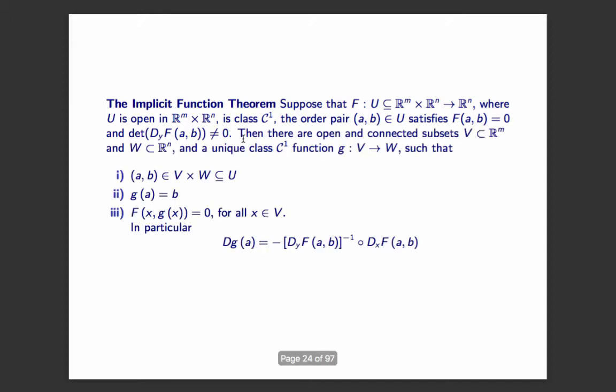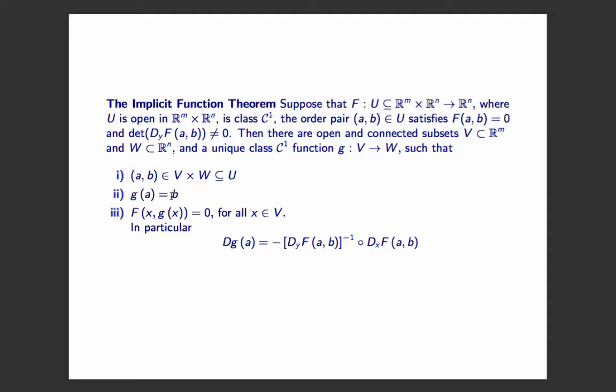So if this is true, then there are open and connected subsets V and W and a unique class C1 function G that maps V in R^m to W in R^n, such that the ordered pair (a, b) is in the set of all ordered pairs from V and from W, which is contained in the domain of f, and G passes through that ordered pair.